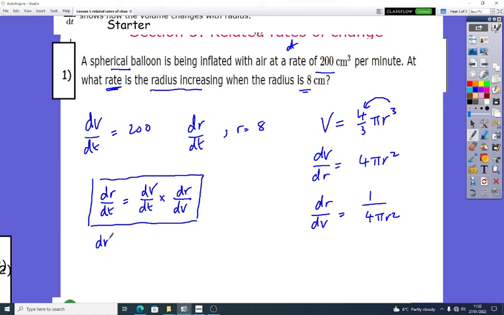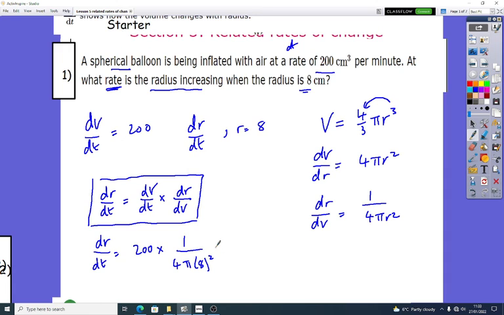So the rate at which the radius is increasing is going to be, well, first of all, we know that the rate at which the volume is increasing is 200 centimeter cube, and dr/dV is 1 over 4 pi r squared, and this time you sub in radius is 8 squared.